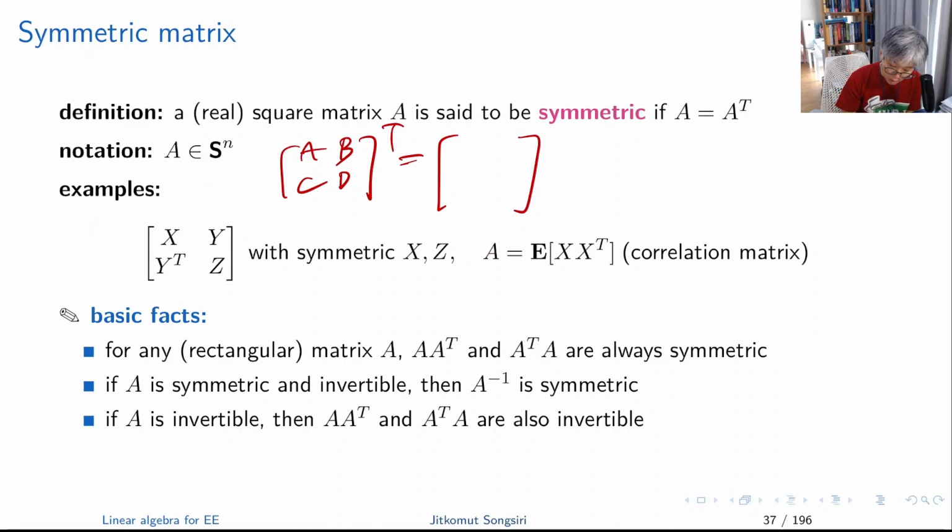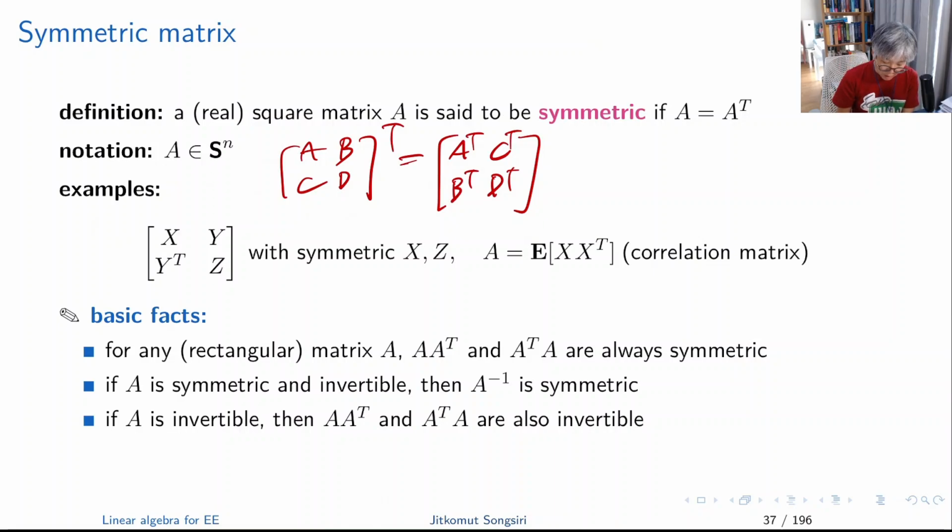For example, this is going to be A transpose, B transpose, C transpose, D transpose. So in order for a block matrix to be symmetric, this pair has to be the transpose of each other. We see this in applications as well, for example, correlation matrices or covariance matrices.